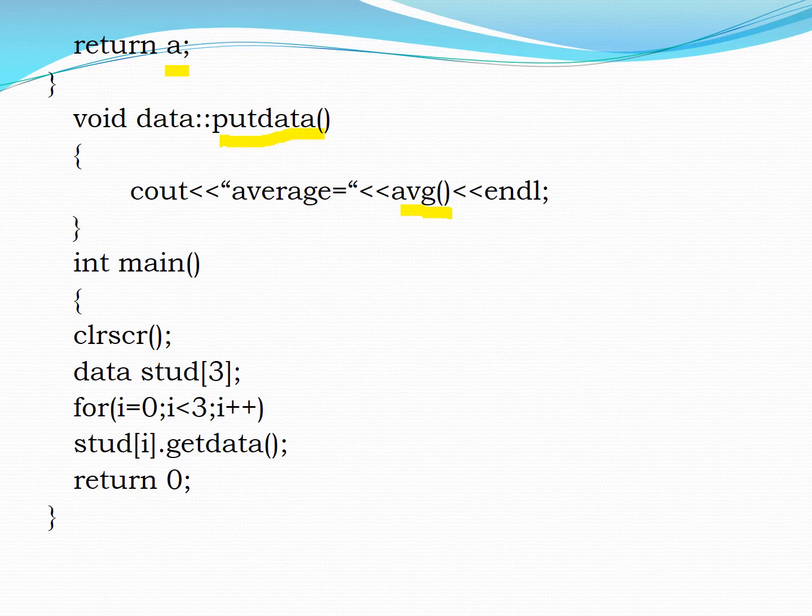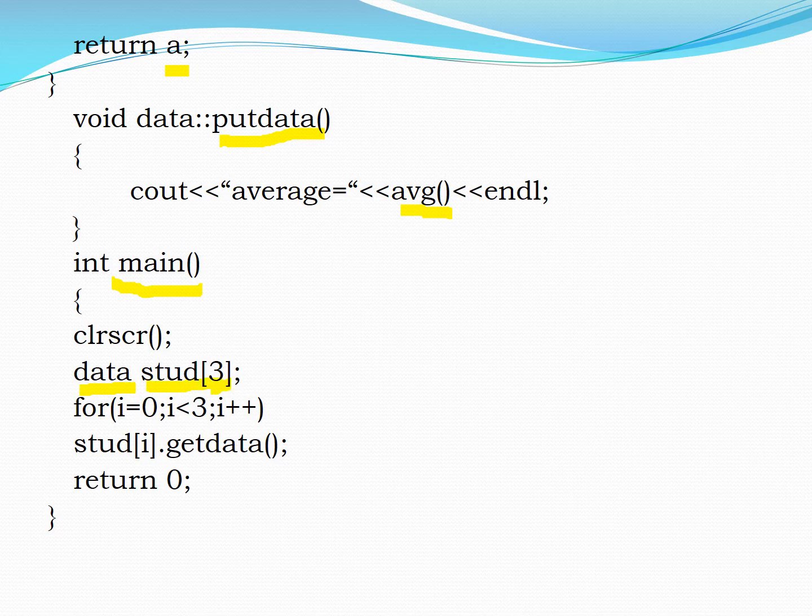Here you people have to concentrate on how the array of objects is created. Now in main, we have created a main program. Once you create the main program, I'm going to create an object by giving the class name and object name followed by the array size.